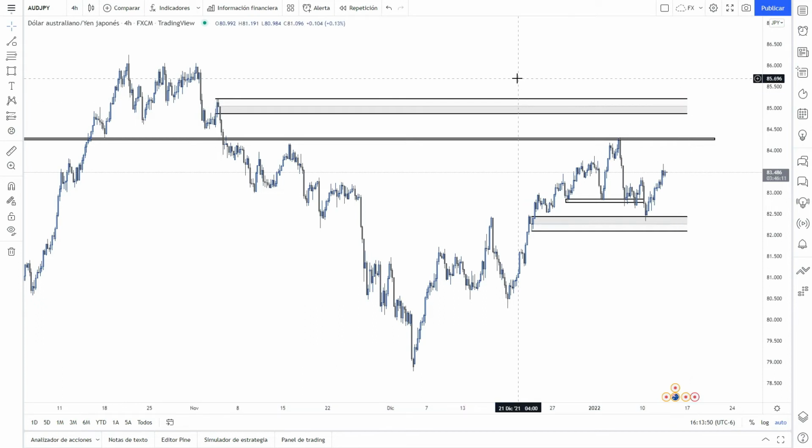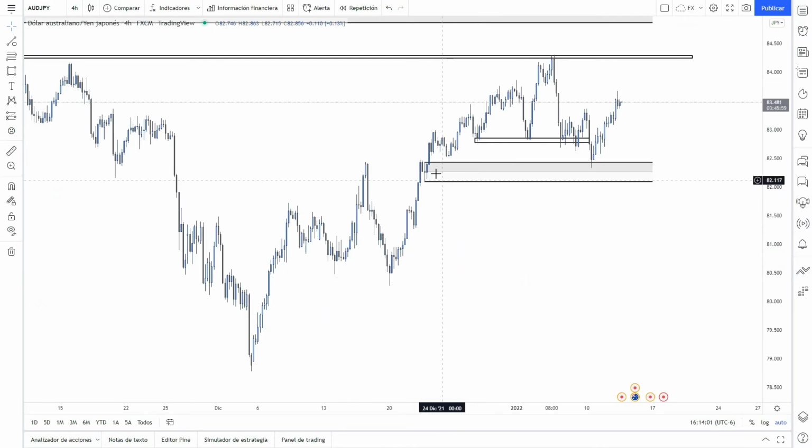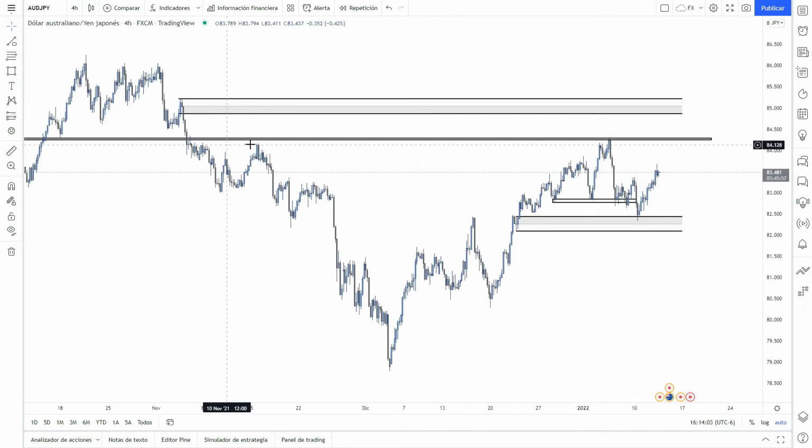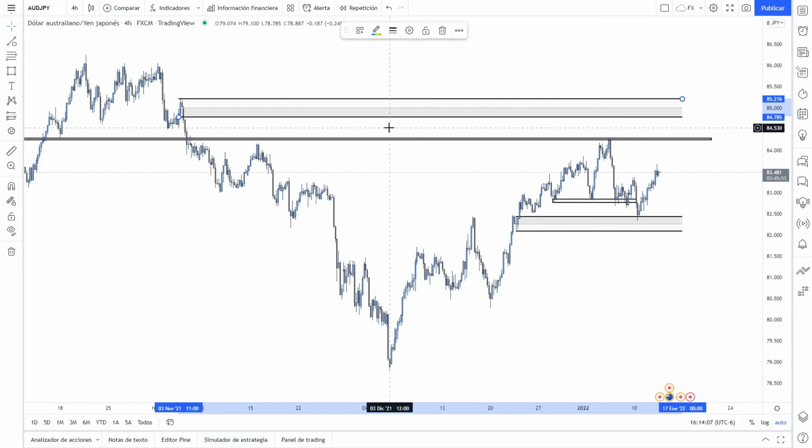You will find this pattern many times. Again, below the support, you might find a demand level. Above a resistance, you might find a supply level.